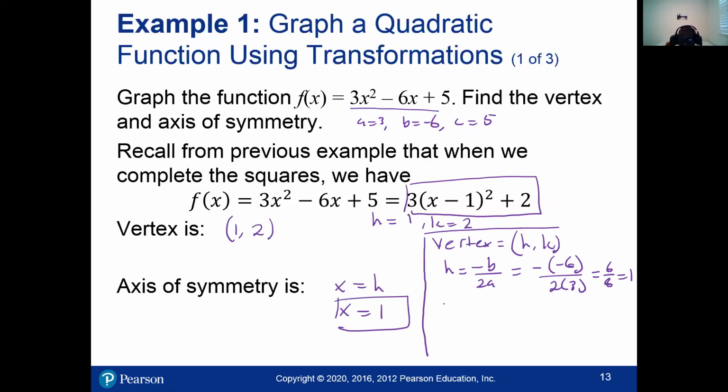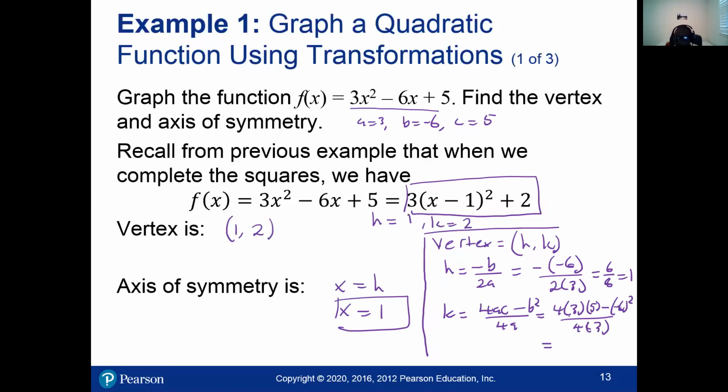What is your k? k is the formula (4ac minus b squared) over 4a. This is 4 times 3 times 5 minus (-6) all squared, divided by 4 times 3.